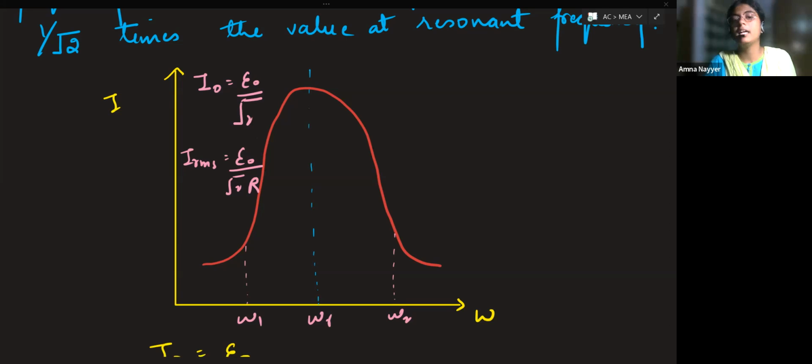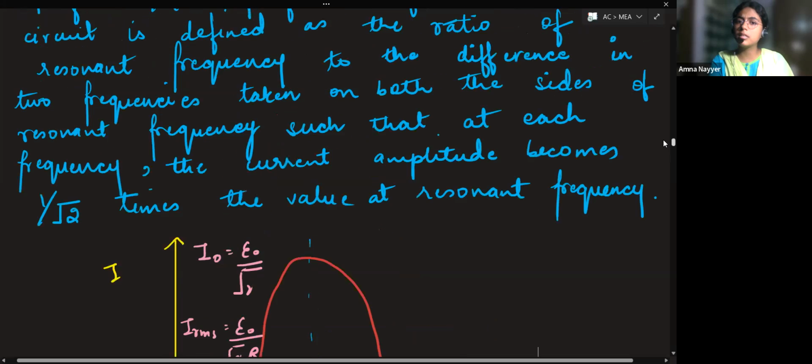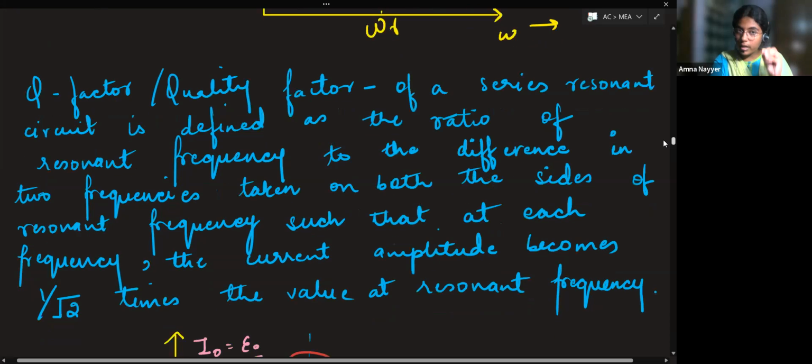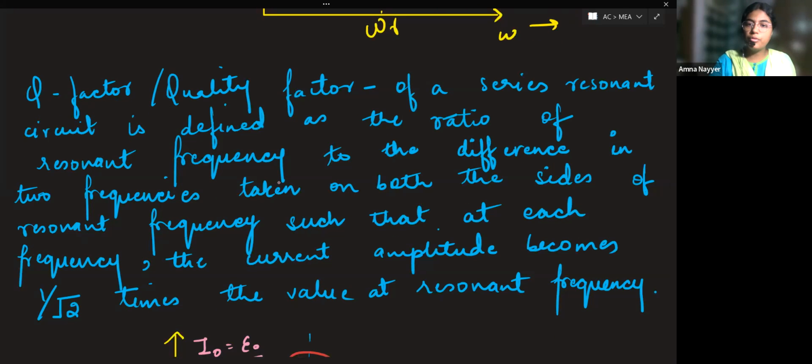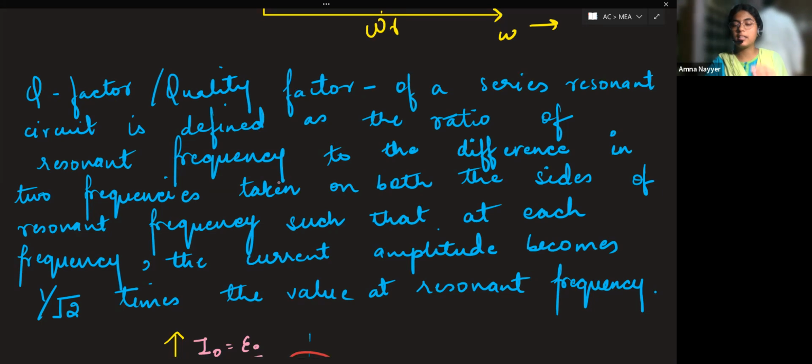Now see, what is the definition of Q factor? Understand the definition, then you will be easily able to write the definition. This is a lengthy derivation that it seems. Quality factor or Q factor of a series resonance circuit is defined as the ratio of resonant frequency. Ratio of what?